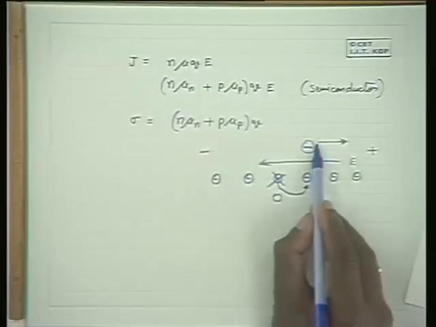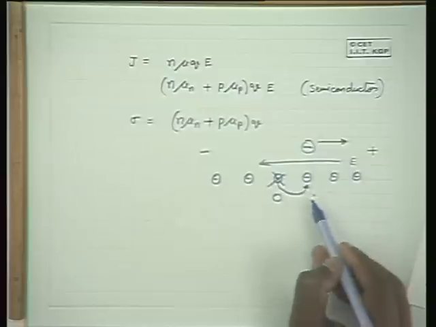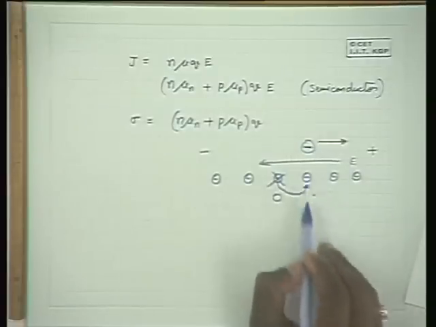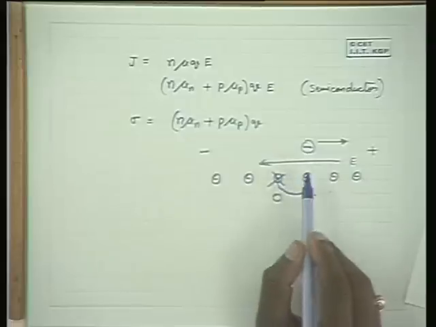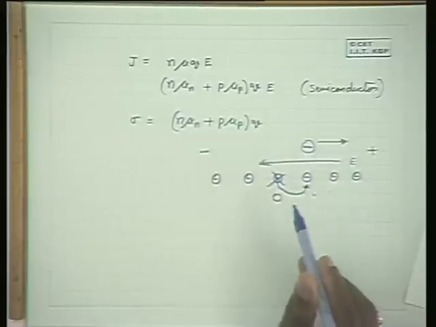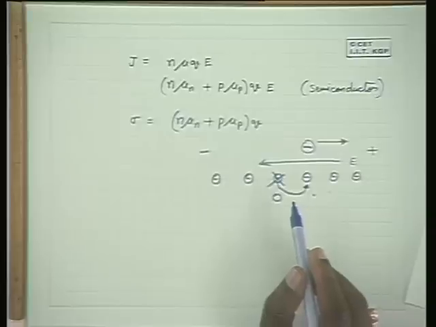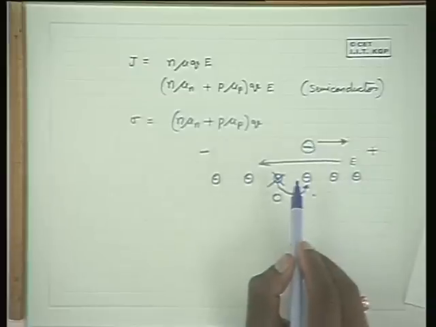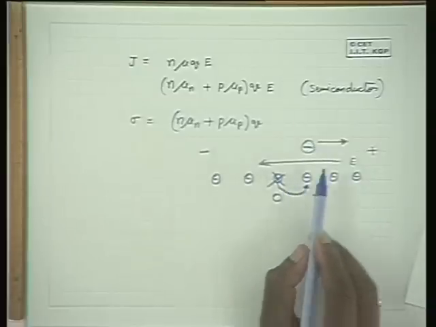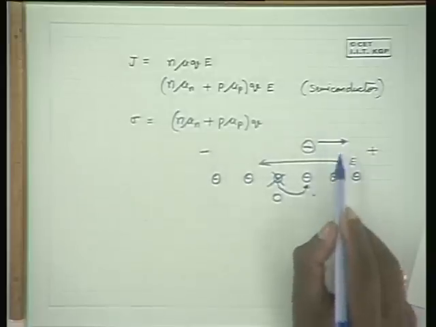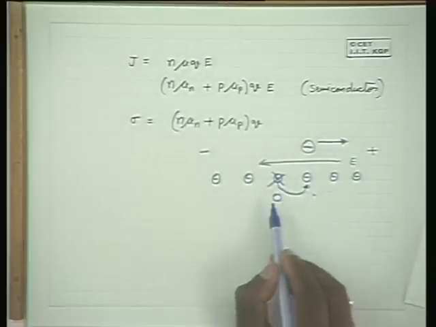As a result, both the electrons as well as the holes, although they are created by the same process, both contribute to current. And the electrons being free electrons, they can travel at a faster average speed than the holes.